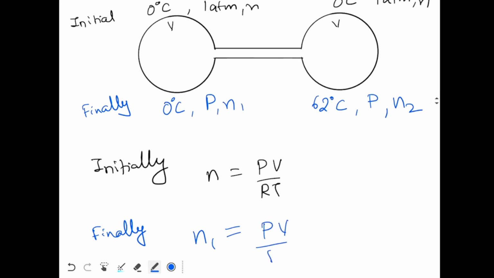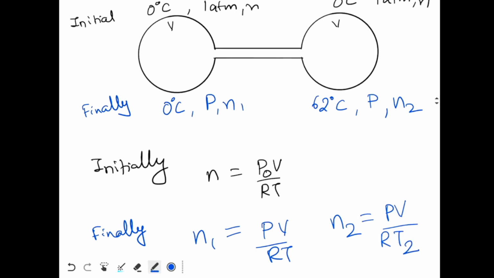This is your initial pressure P naught, and this is the new pressure P. Temperature is 0 on the left side bulb, so both have temperature T. But when talking about N2, N2 will be equal to new pressure P into volume, which is the same, divided by R times new temperature T2.